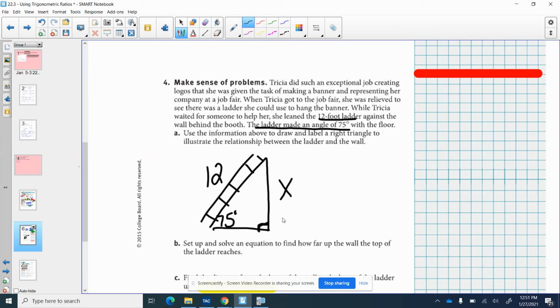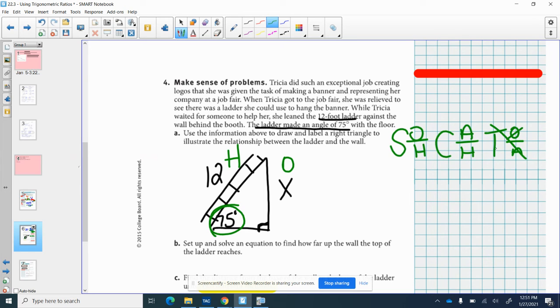So there's our ladder, there's our wall. Now, in this case, we are given 75. And if we label our picture, we have opposite is what we're looking for. Hypotenuse is given. We don't know anything about the adjacent side. So the only useful trig to us that doesn't involve that missing adjacent side is going to be a sine.